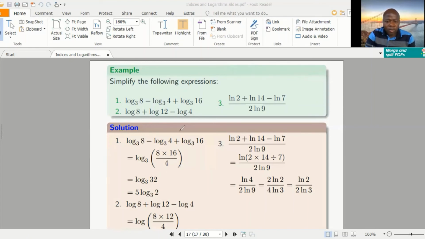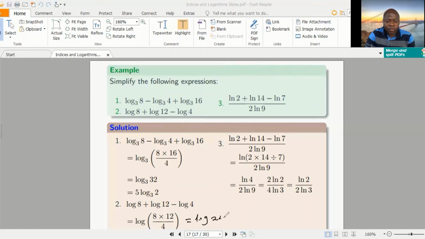What about this question 2? I can see log of 8 plus log of 12 minus log of 4. Let's multiply where there is addition. The log of 8 times 12 divided by 4, which will be log of, 4 will go there twice.